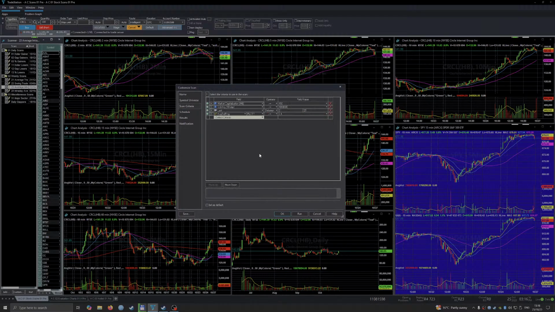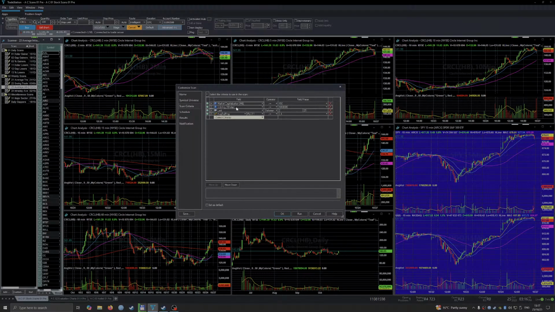Then scan criteria. This will select all stocks from the selected markets, obviously excluding excluded markets or categories. Market capitalization is 150 million or more.